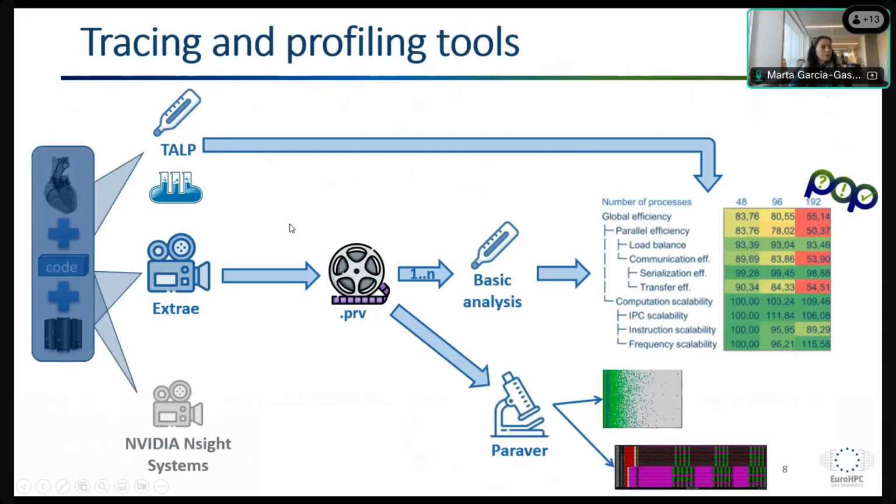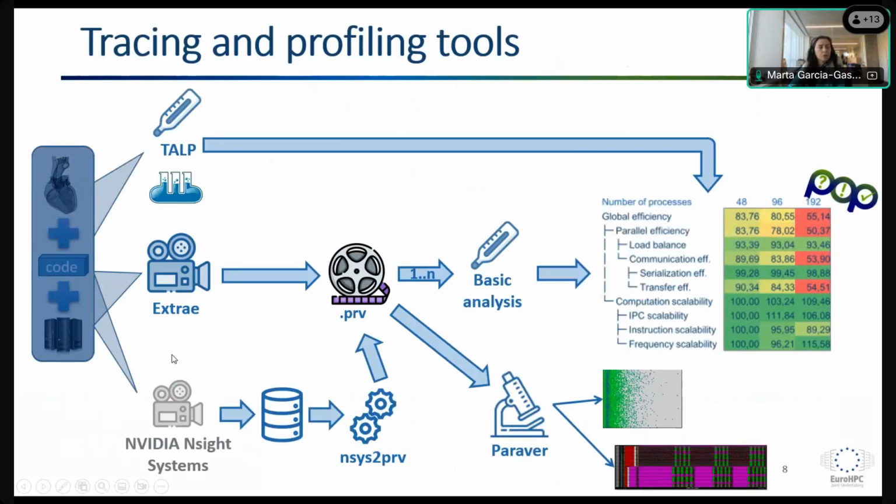And we also rely on NVIDIA Insight Systems to get traces of the executions in case we are running on NVIDIA GPUs. From the data produced by NVIDIA Insight Systems, we have a translator that we call NSys to Paraver that translates the stored data to a Paraver file.